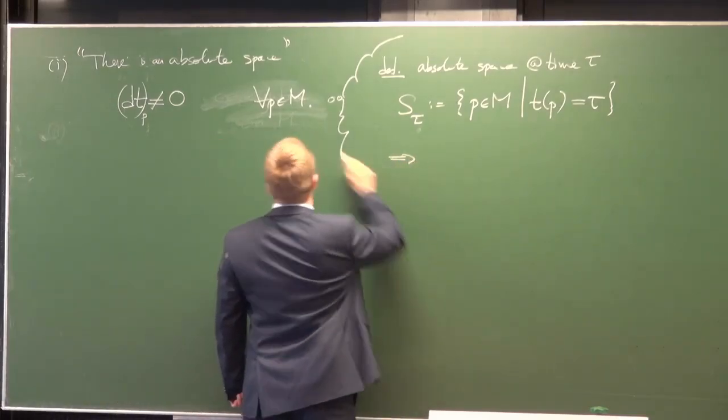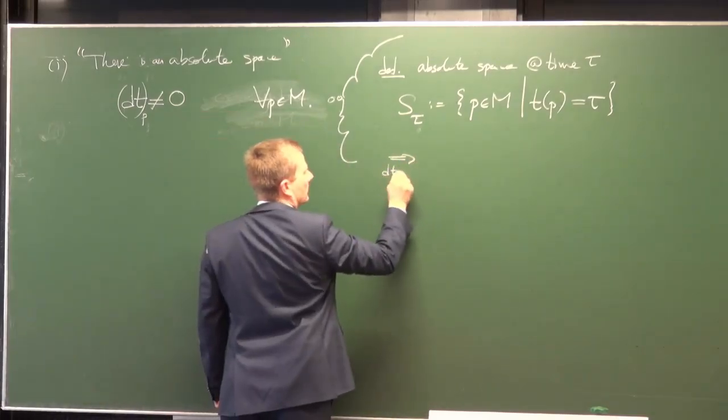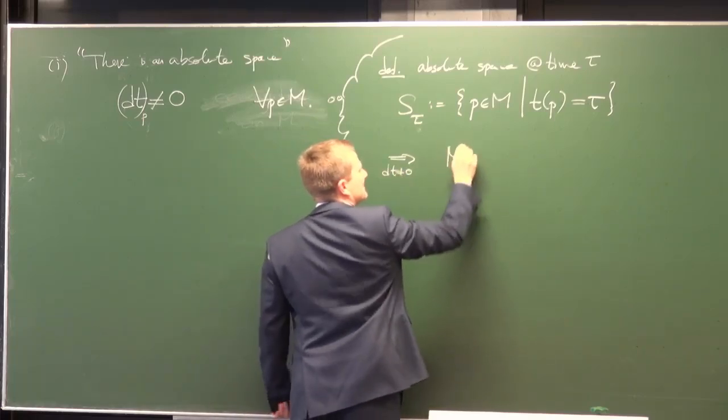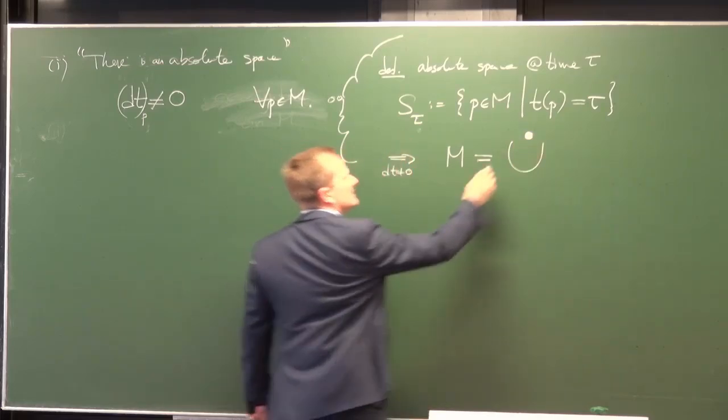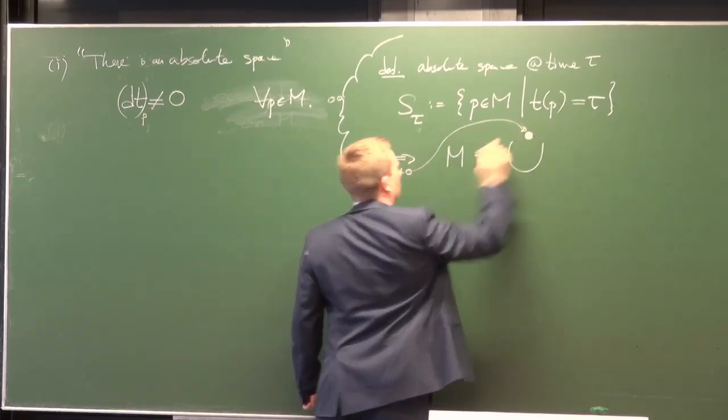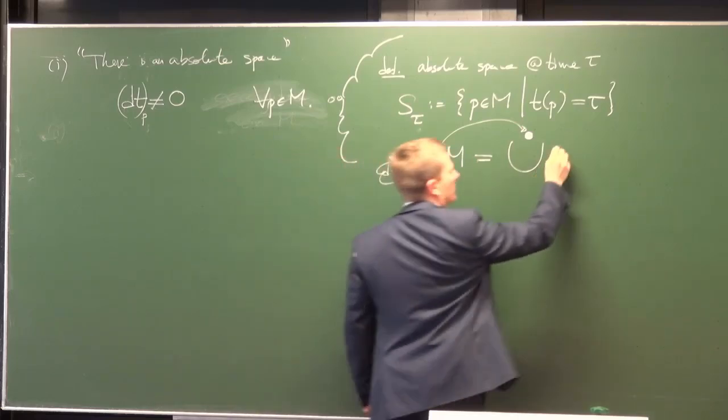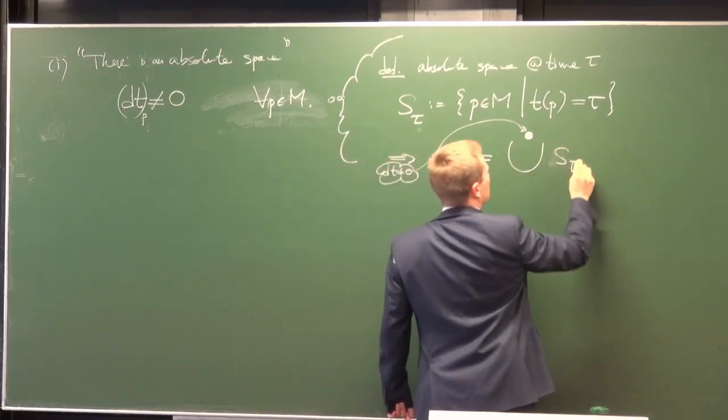And then it follows by this dt non-zero that the entire manifold is a disjoint union. And the disjoint comes from this, is a disjoint union of all these spaces.